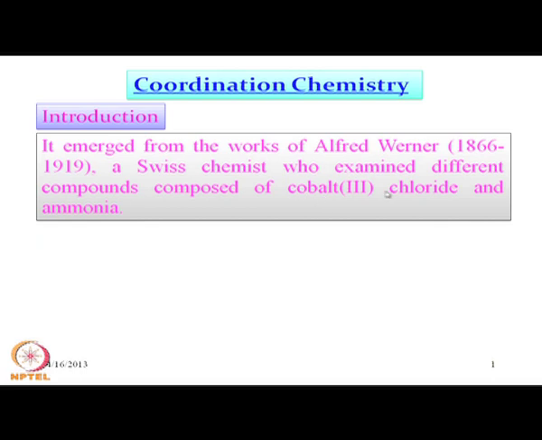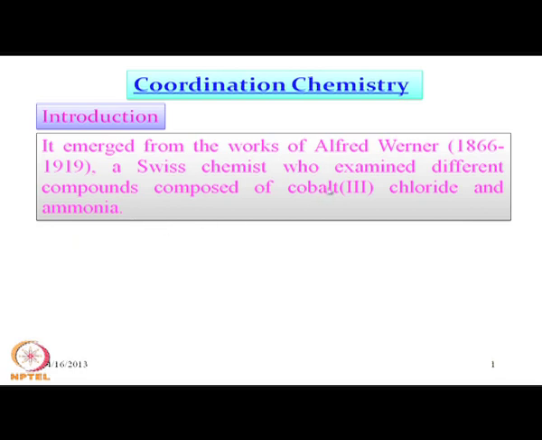So, this cobaltic chloride reacts with ammonia, that means liquor ammonia, not the ammonia gas, but the ammonia present in solution. So, how is it interacting with the ammonia molecule? In the ammonia solution we have a large amount of water also available.